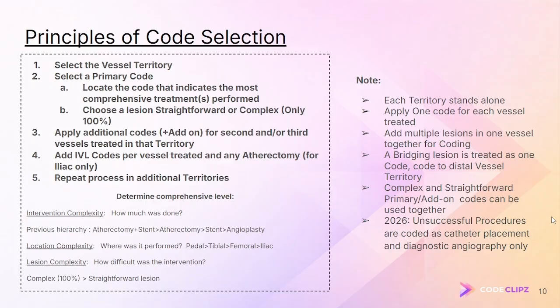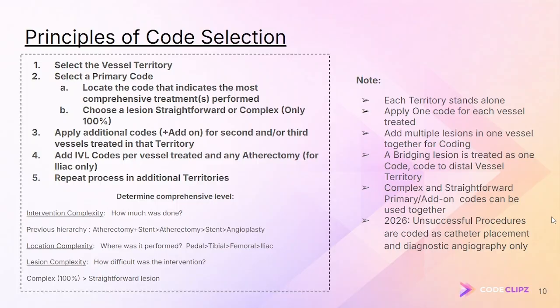Just a few notes on this on the right. Each territory stands alone. So each time you get to the end of coding a territory, you restart the process on the next one. Apply 1 code for each vessel. Multiple lesions in one vessel are considered a single treatment. A bridging lesion is treated as one treatment, and you'll want to code to the distal vessel territory. Say you have a bridging lesion from the iliac to the femoral territory.